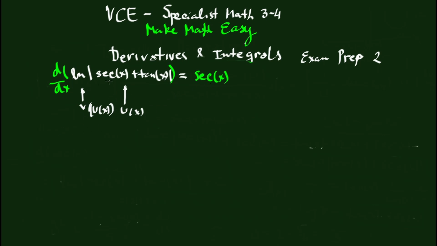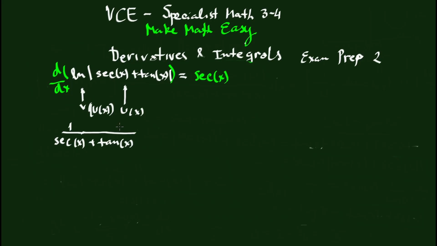So what we get, let's do that. The first derivative of ln becomes 1 over the other function, whatever that is, that's secant of x plus tangent of x.